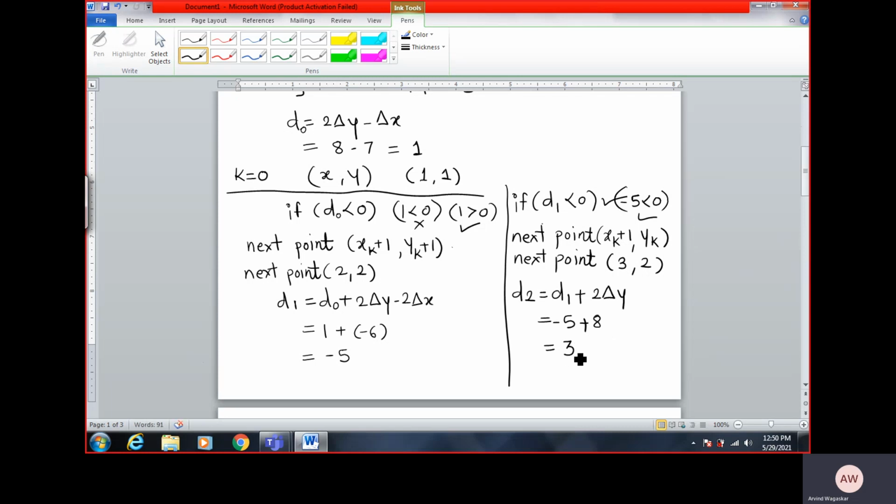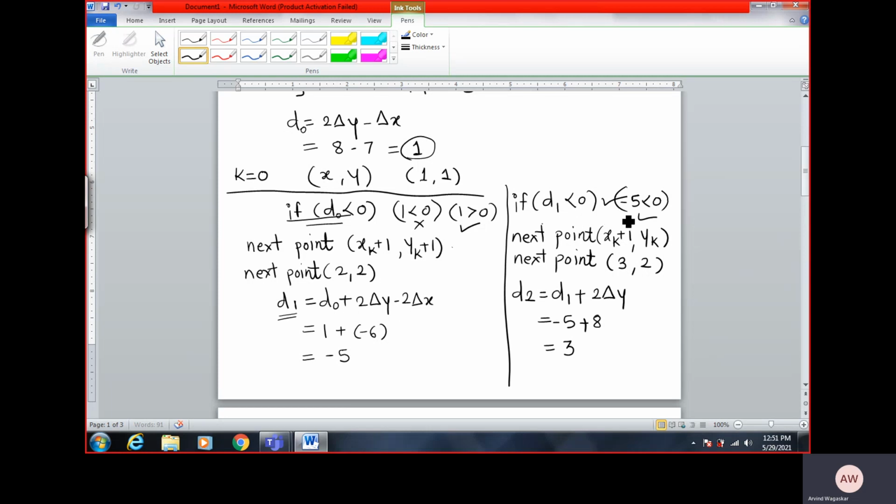Okay, so you can compare these two results. In this case, as your starting d was 1, it is greater than 0. If it is greater than 0, the next point is, you have to increase x as well as y, and the updated value of d is previous d plus twice delta y minus twice delta x.